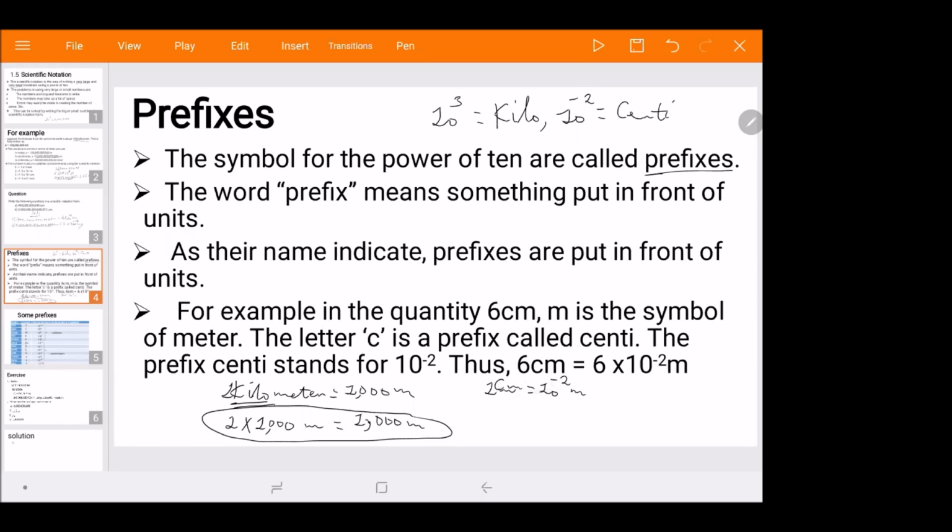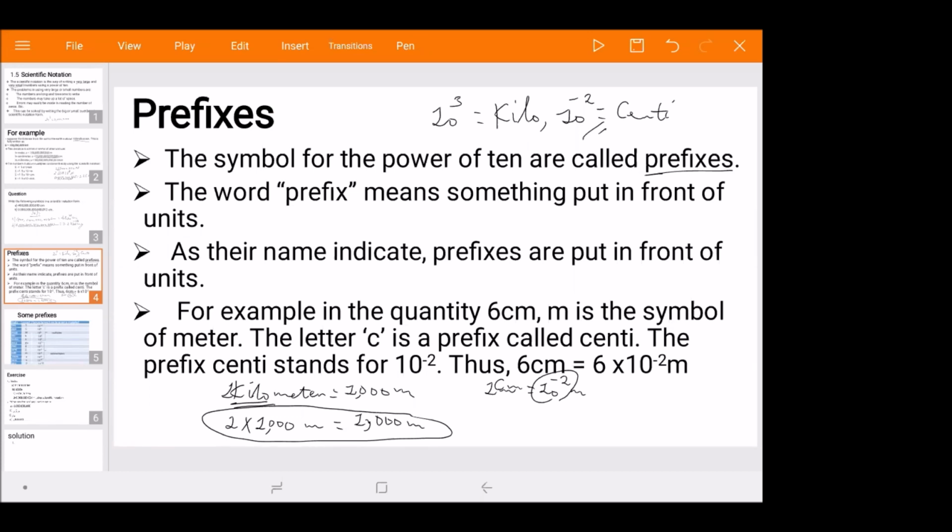Centi means 10 to the power of negative 2. Instead of centi, we can substitute 10 to the power of negative 2. They are equal.